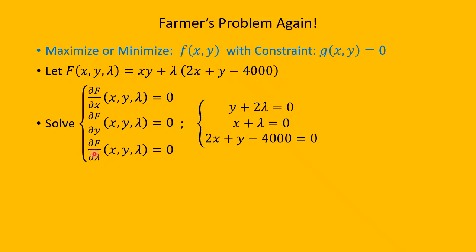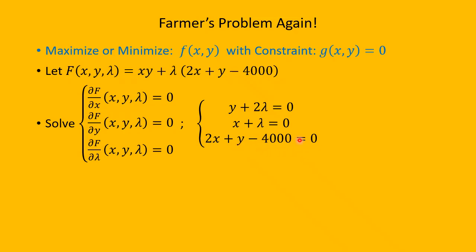And this equation down here, the partial of F with respect to lambda is going to be what? Well, the partial derivative with respect to lambda of x y is 0. The partial derivative of lambda times this stuff is just this stuff right here. So 2x plus y minus 4,000 equals 0.